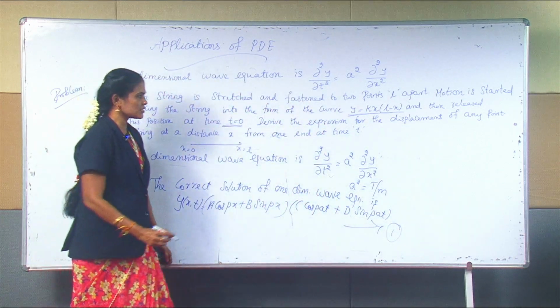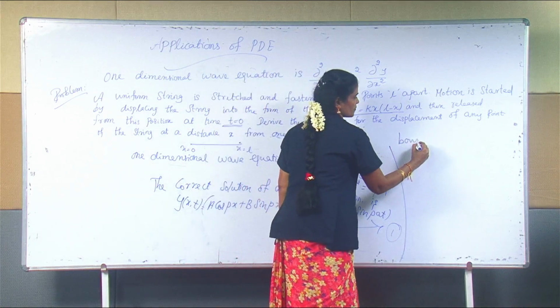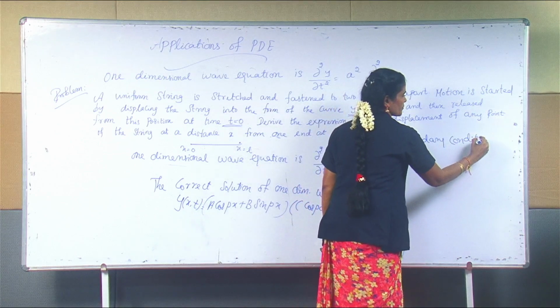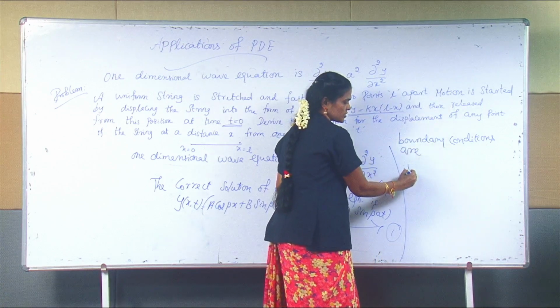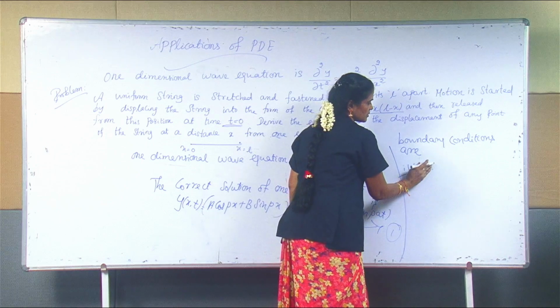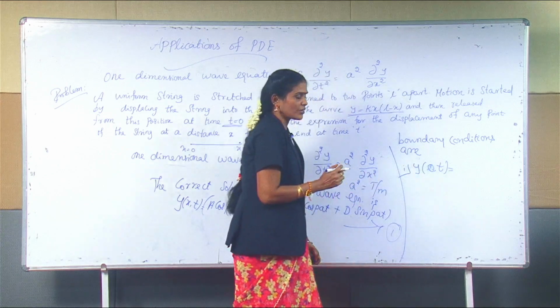Next, you have to consider the boundary conditions. The first one: y of 0 comma t, because the solution is y of x comma t that you have to calculate.